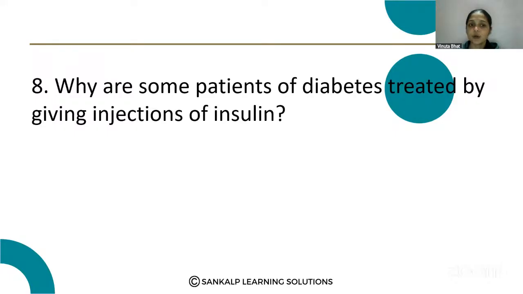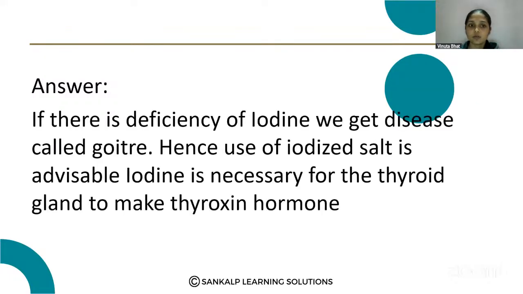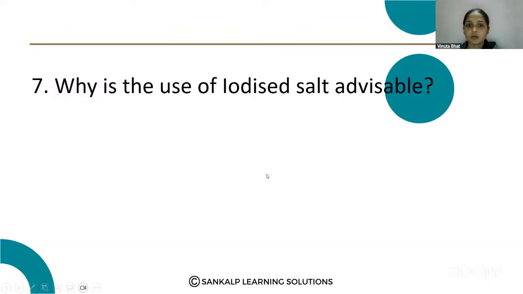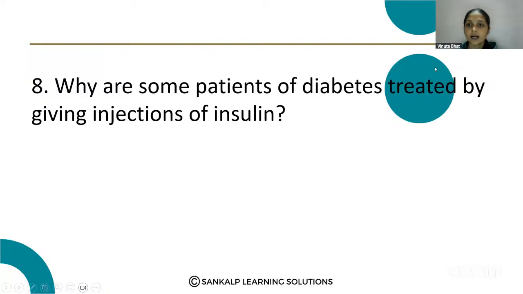Next question. Why are some patients of diabetes treated by giving injections of insulin? In diabetes, the patients are not able to produce insulin, which maintains the blood sugar level.